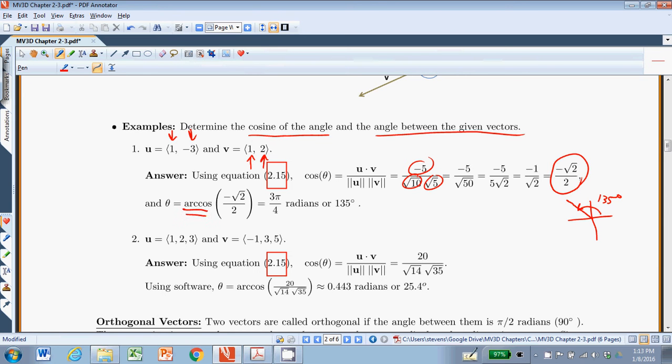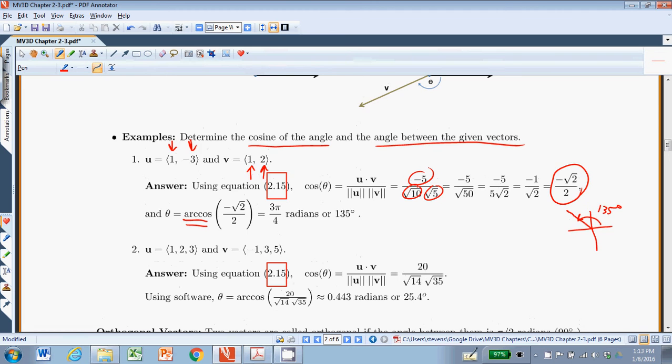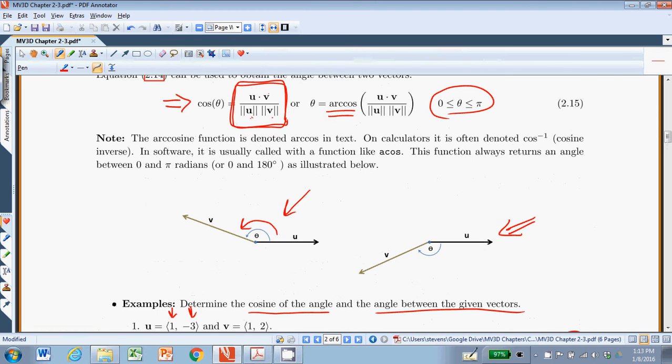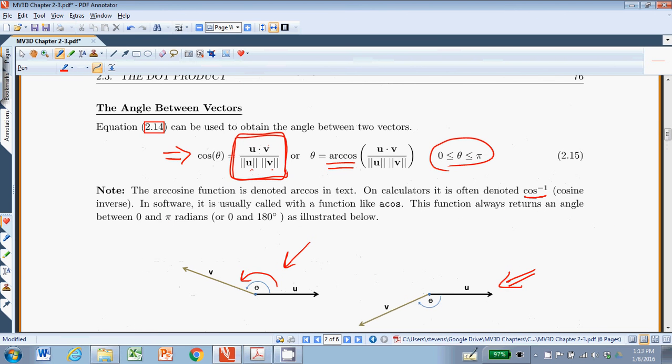And it's worth noting, and I think I passed this up, if you're doing this on a calculator or software, on a calculator it's often denoted cos inverse, right? And in MATLAB it is denoted acos for arc cosine. So only in text is it actually written out as arc cosine. Maybe in some software, I don't know.